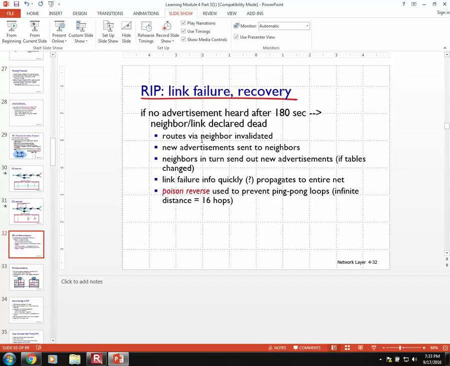And what we want to do is prevent any network looping in RIP, or in our learning about the network topology. So we have a limit of 16 hops to prevent that from happening.